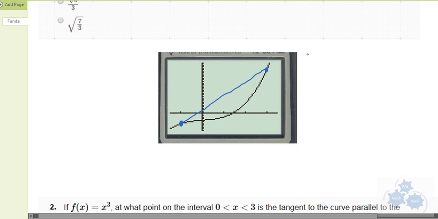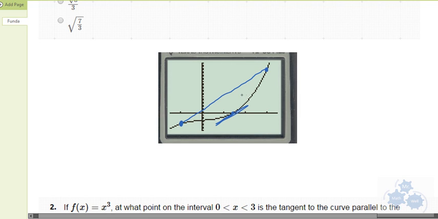Everyone understand that? So this is the slope, and we're going to calculate the slope. And we are looking for some value for c. Okay, where is it? Right here? No, where is it? Right about maybe about there. It's going to be pretty close to x equals maybe 1 point something. Okay, that's what we're guessing.